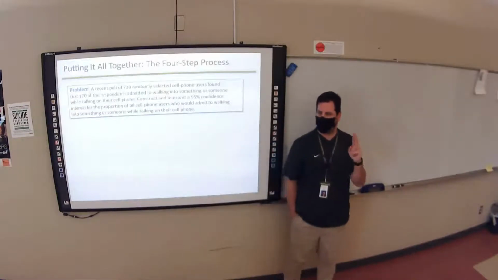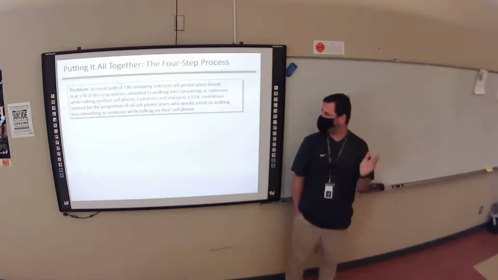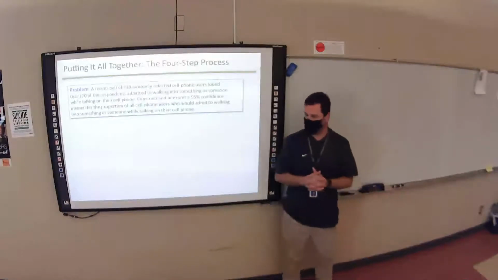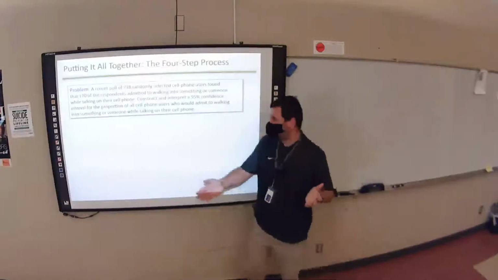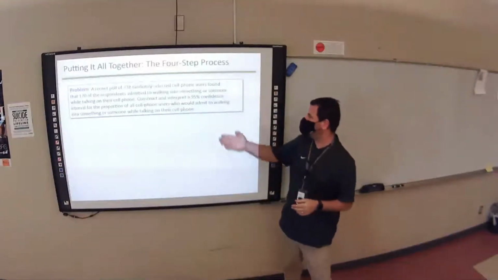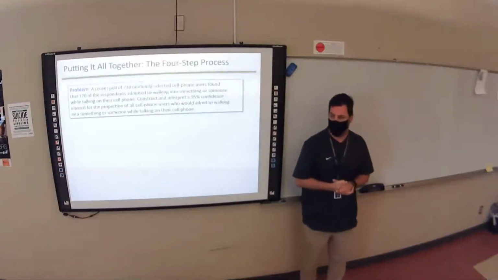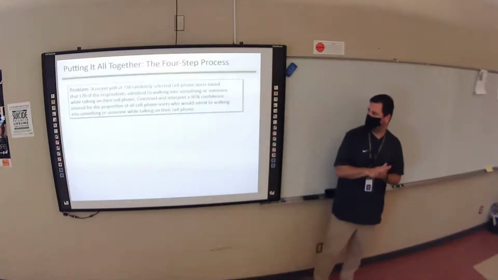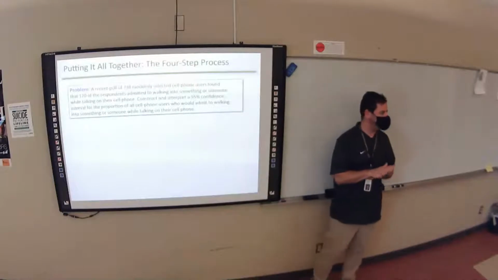Construct and interpret a 95% confidence interval for the proportion. They're going to tell you, guys, what the proportion or mean is. It shouldn't be that confusing if we're doing a confidence interval or hypothesis test. It's an interval. Who would admit to walking into something while talking on their cell phone?